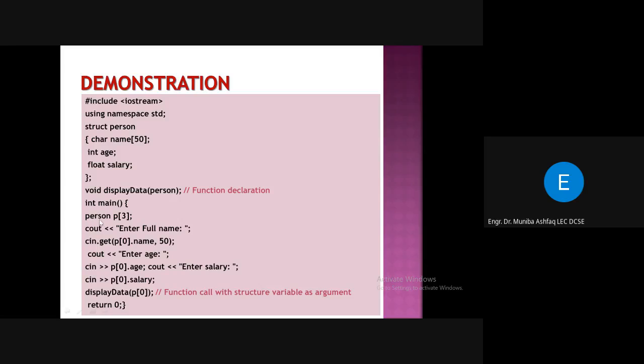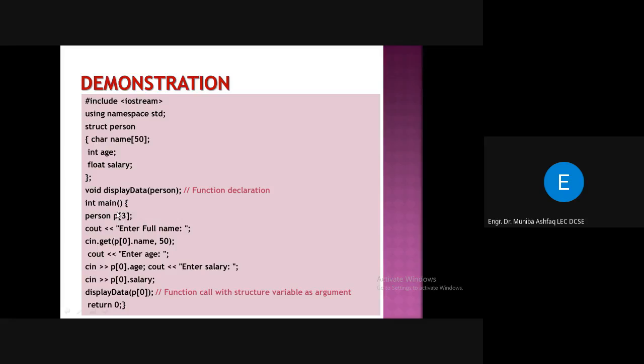So I write the name of the structure person. Now I want to make not only a simple object, but an array of these structures. So in order to make the array, I have to write it in the form of an array. So I write here p and then square brackets 3.